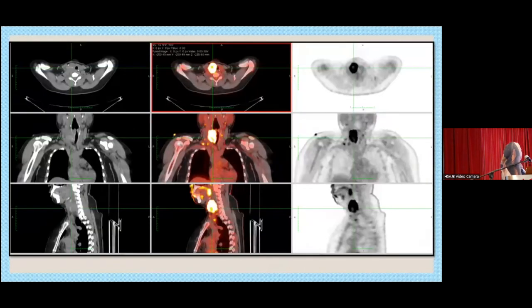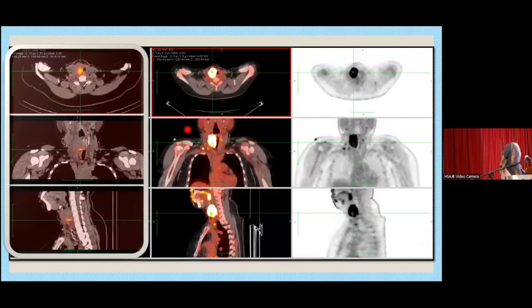It turned out there is FDG hypermetabolism in the large soft tissue mass. So as you can see here, it means that the part of the large soft tissue mass which has not taken up iodine has become de-differentiated.